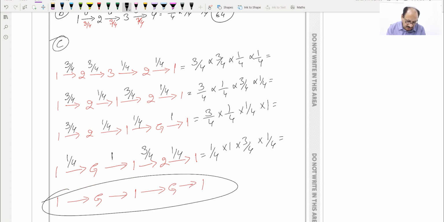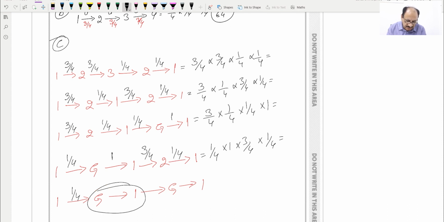So for this last option, from first floor to ground floor, it's going down, so it will be 1 by 4. Ground floor to first floor, as we discussed in the above two cases, the probability will be 1 because there is no other option available.